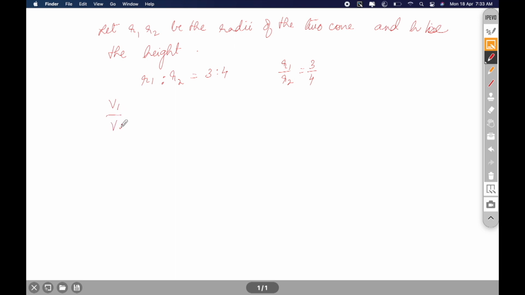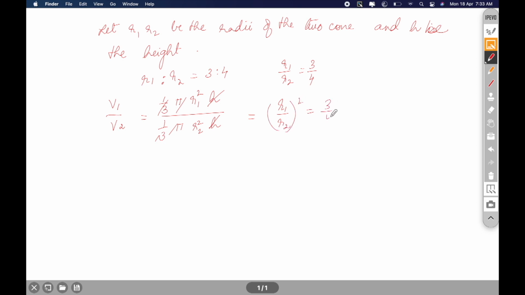So V1 by V2 be the ratio of the volume of the two cones, and the formula is 1/3 pi R1 square H divided by 1/3 pi R2 square H. The common factors you can see, cancel them, and we are left with R1 by R2 whole square.